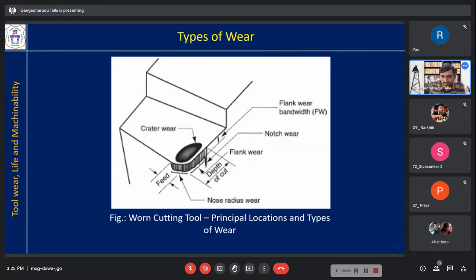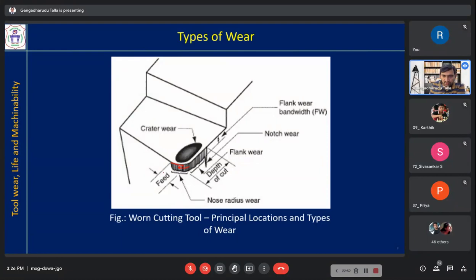And from the tool tip, you may have a nose radius also. From that location along the auxiliary flank surface, there will be a little bit of wear, just like flank wear, a continuation of the flank wear only.